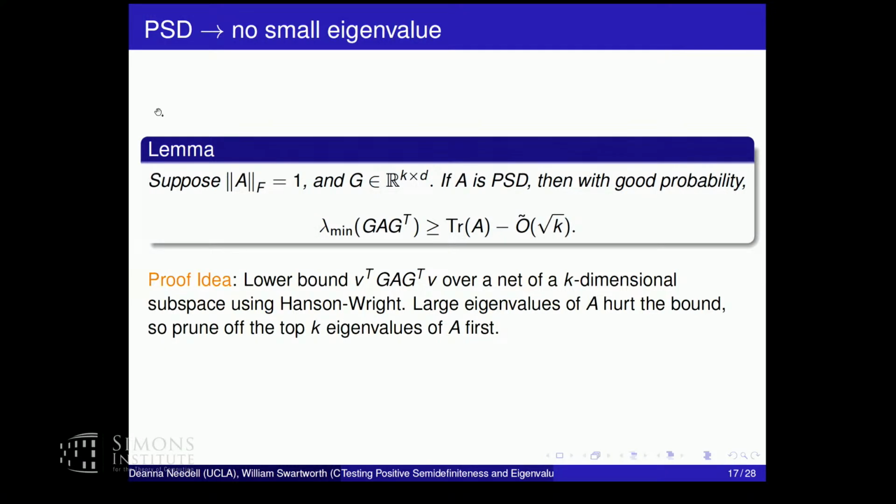So the idea is to look at a net of all vectors V in this k-dimensional space, and use a Hanson-Wright inequality to lower bound how much you deviate from the expectation.